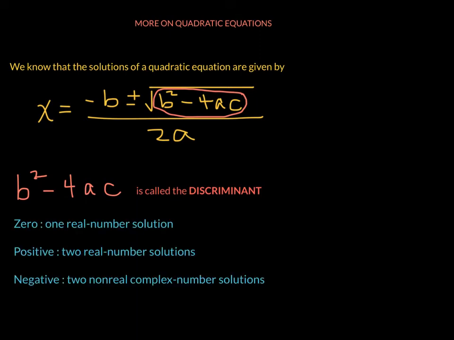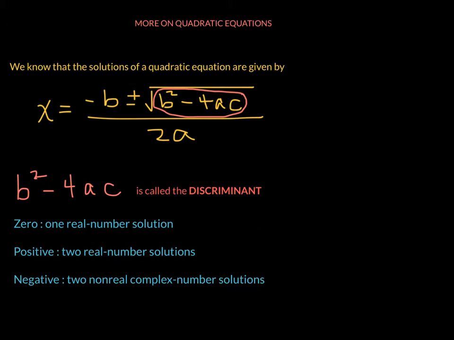Here are your different options. If the discriminant turns out to be 0, there is only one real number solution. If the discriminant is positive, there are 2 real number solutions. If the discriminant is negative, you have 2 non-real complex number solutions.